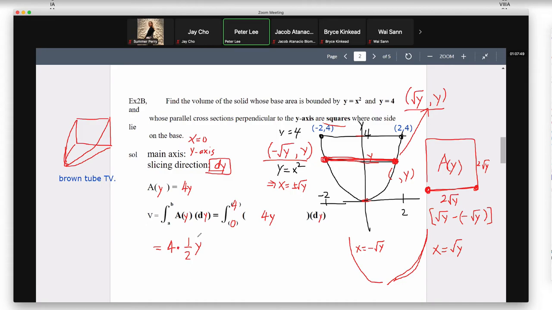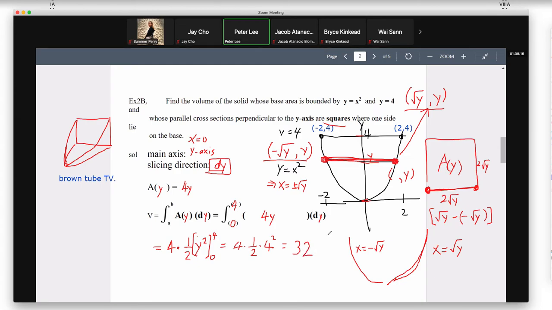Now we can evaluate this from 0 to 4. So that will be 4 times half times 4 squared. So that's 16. So it looks like this is going to be 32.